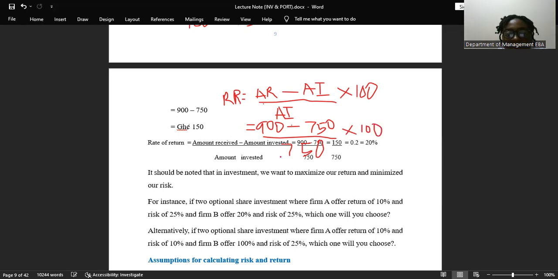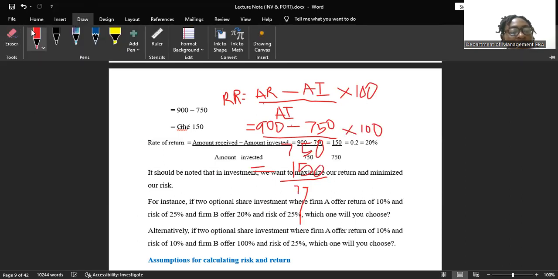So what are we getting? When you subtract 750 from 900, you have what? 150. That will be 150 over 750.